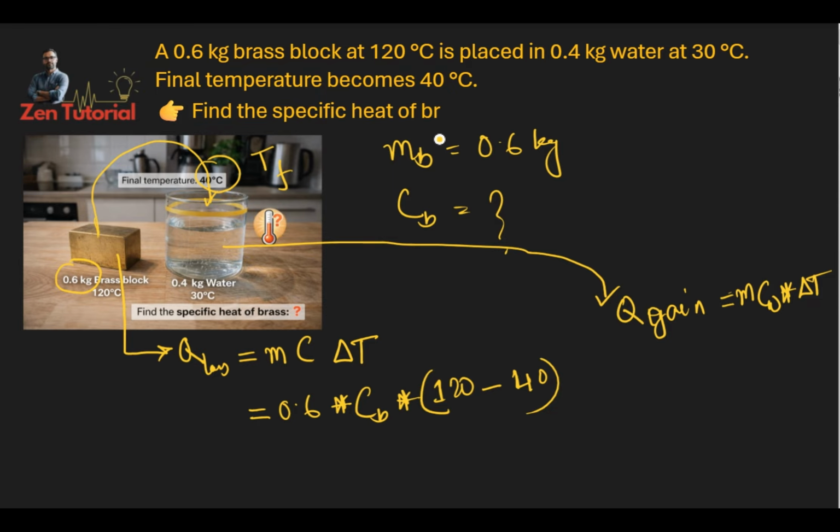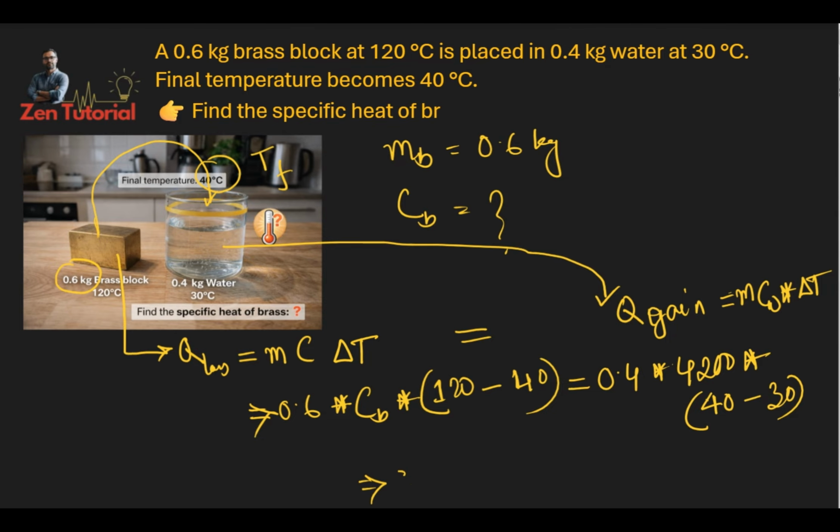And we know that by the formula of calorimetry, the heat loss is equal to heat gain. So this value is equal to the mass of the water, that is 0.4, and the specific heat of the water, that is 4200, and the temperature difference, that is the final temperature, which is 40, and the temperature of the water is 30 degrees Celsius.